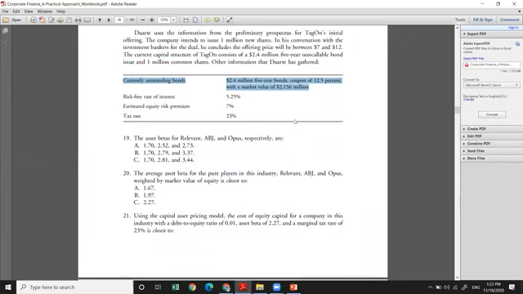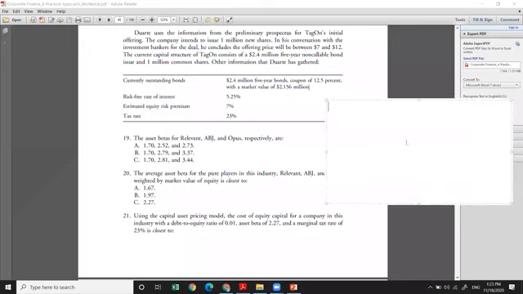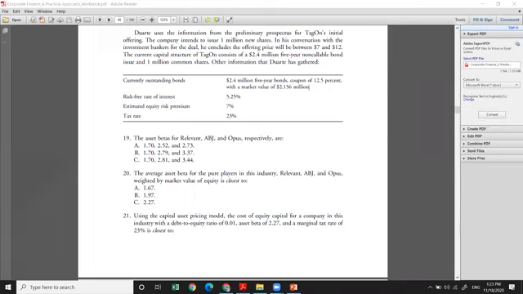Let me use the Excel file, because in Excel I can easily calculate.